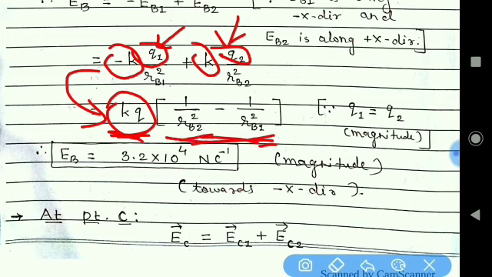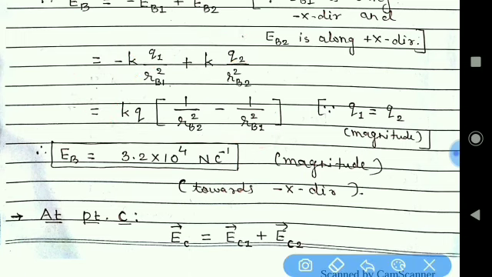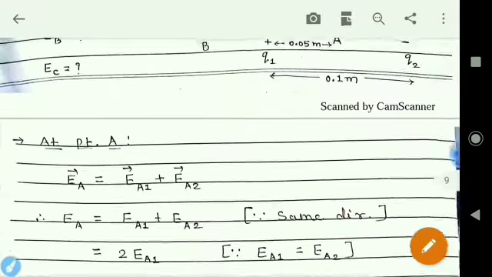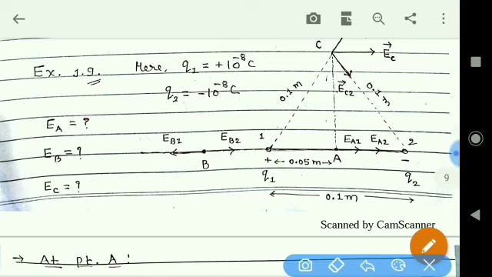And now putting the values, we know the value of K, we know the value of Q, we also know the value of RB2 as well as RB1. You can see this from the figure also, that the distance RB2, means from B to 2, will be this, and the distance RB1, that is from B to 1, is given.